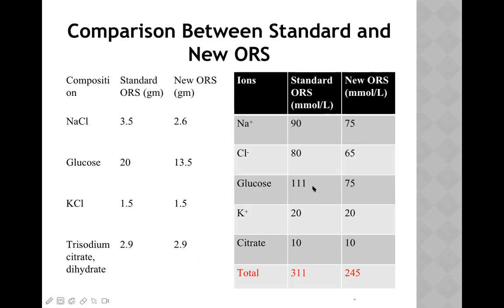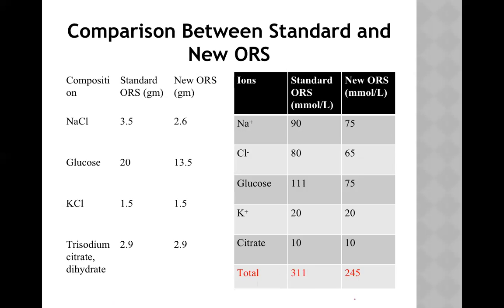Glucose was 111 in standard ORS, dropped to 75 in the new one. Potassium is the same and citrate is the same. Now this is called osmolality. The total osmolality of standard ORS is 311 milliosmol per liter, and in new ORS it's 245.